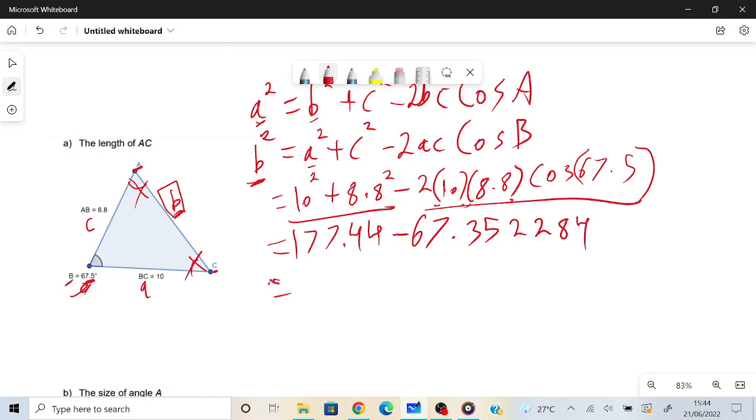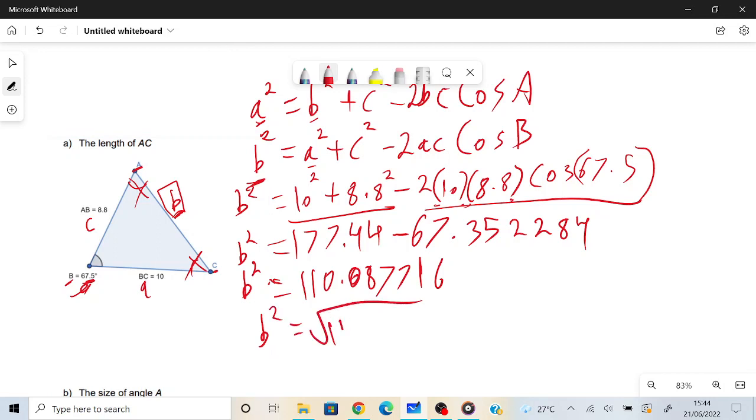Further calculation, this gives 177.44 minus 67.35284. This gives 110.08087716. Of course, it is b squared over here all the times. And now that you have this, in order to find your b, you just have to take the square root of 110.087716.